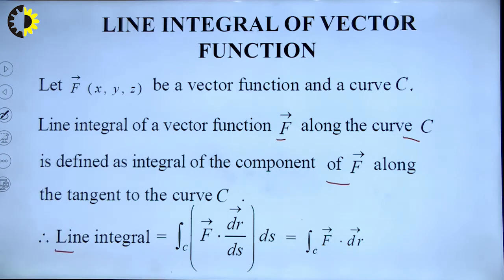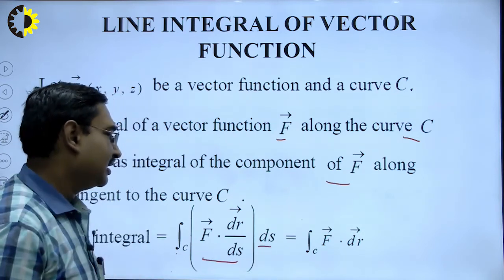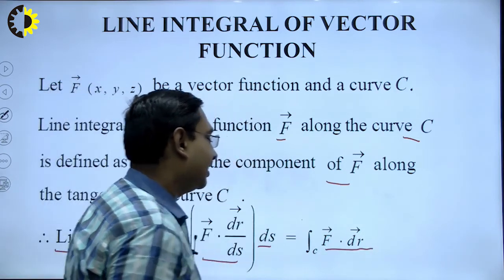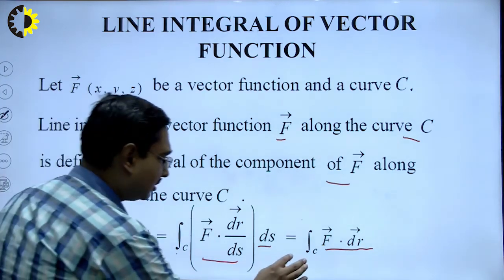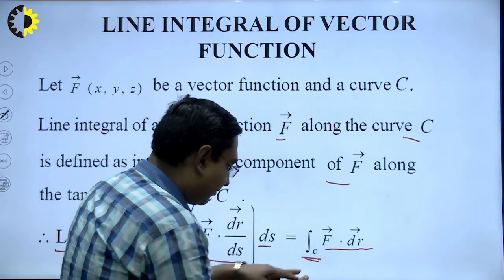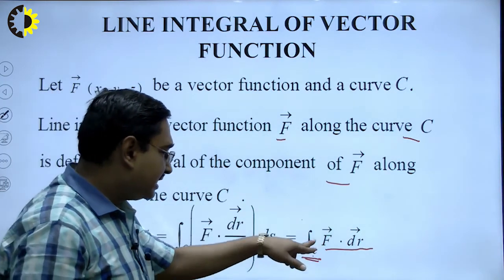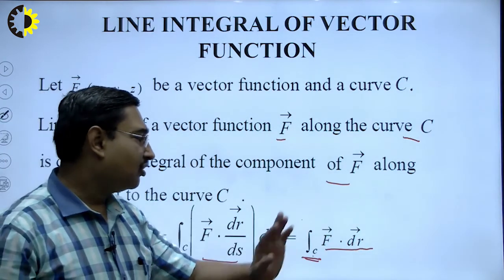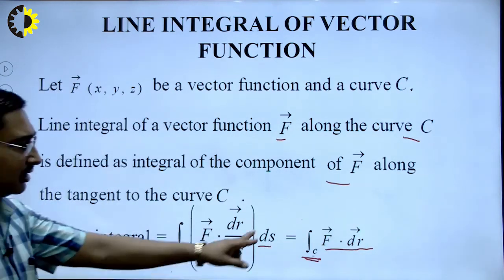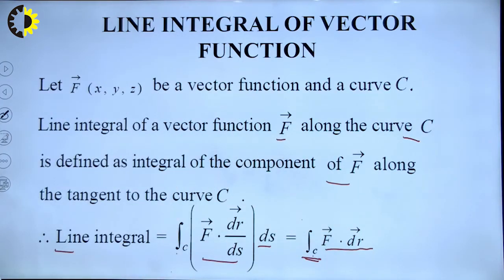Thus the line integral becomes integral over C of f dot dr upon ds, that is written as integral over C of f dot dr. We will use this suffix C to specify that the integral is being evaluated over this curve C. This f dot dr will be the integrand obtained from the given function f.